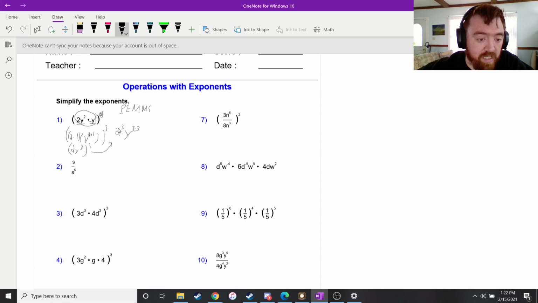I'm going to make this look more like a 2 and less like a d. And then our final answer is going to be 8y to the 9th. Eight y to the 9th. And that's going to be our answer for that one.